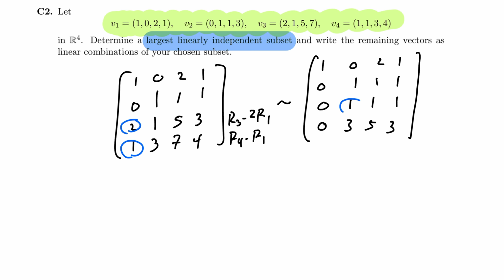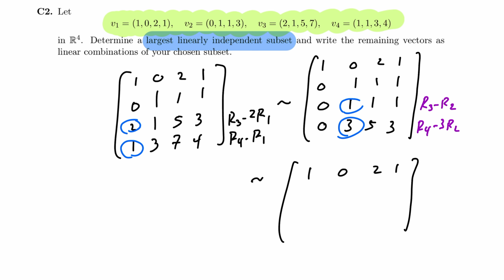Continuing on here, I want to make this entry 0. That's a quick operation of row 3 minus row 2. And likewise, I want to make this 0. And that's going to be a quick operation of row 4 minus 3 times row 2. Continuing on here, not touching the first row, nor the second row.